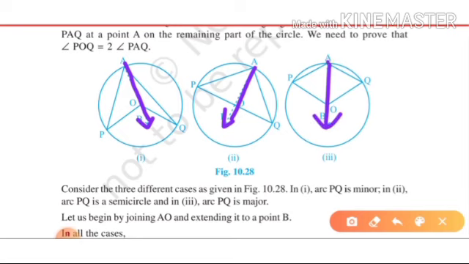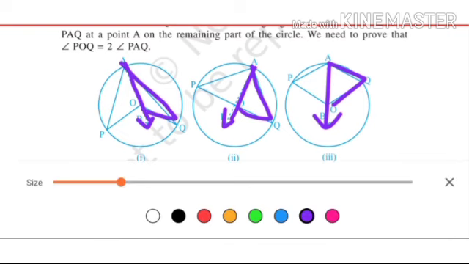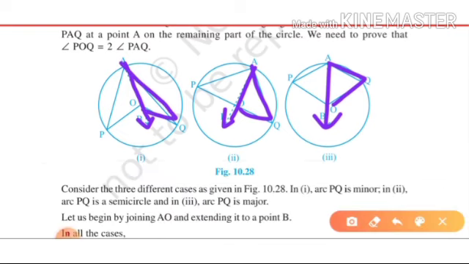Now if you see, these triangles are created. For all these triangles, that means AOQ, this is the exterior angle.